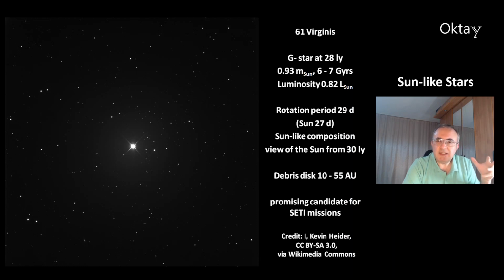So if this is a Sun-type star, imagine if somebody would look towards our solar system from this place, 30 light-years away, you would see the same bright star in the sky, the Sun. And this system is also known to have a debris disk at 10 to 55 astronomical units. It's a promising candidate for SETI missions.